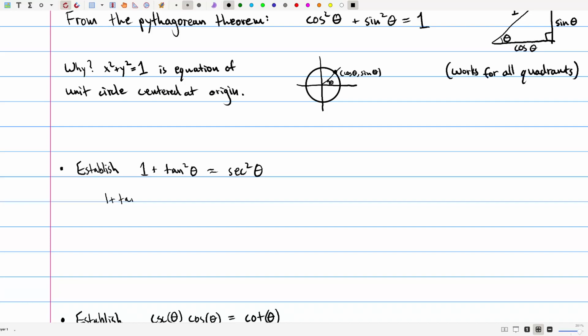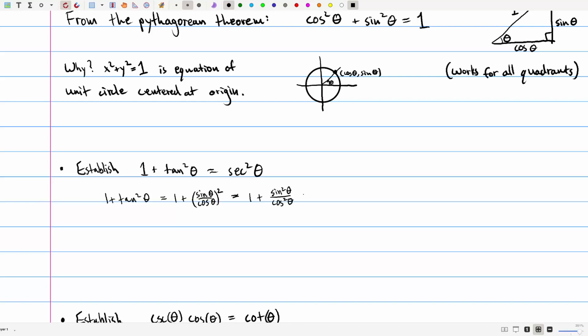I'll start with 1 plus tan squared theta, and I know that tangent is sine of theta over cosine theta. I find that it can be a lot easier to take everything and just put it in terms of sine and cosine. Okay, so let's do this as 1 plus sine squared theta over cosine squared theta.